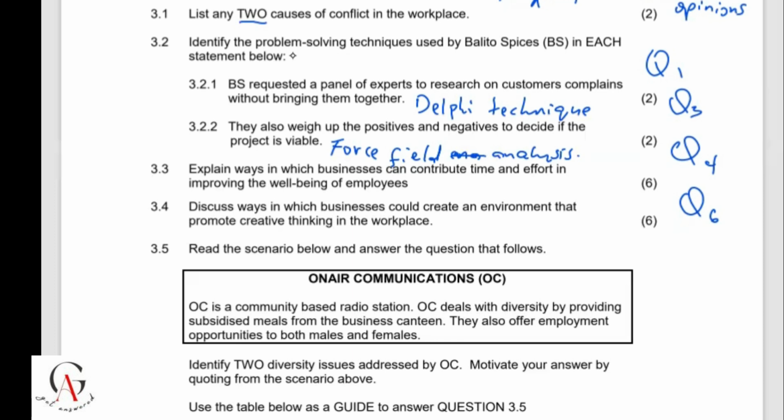So one can actually ask why 3 points, it is because 6 marks are given.